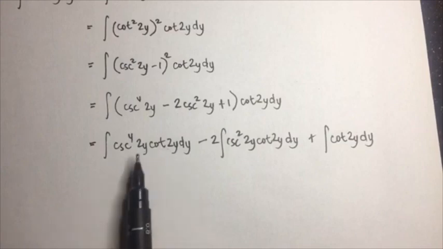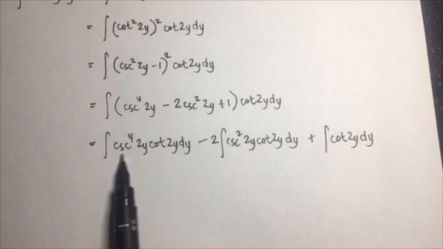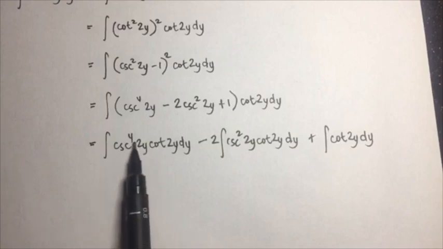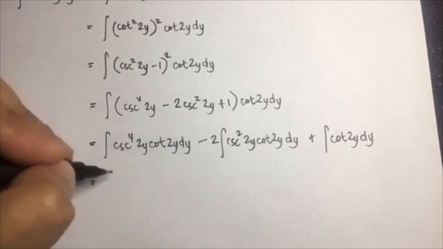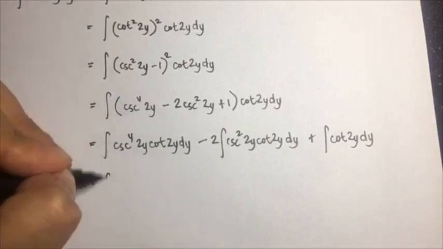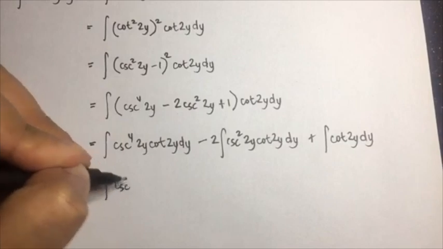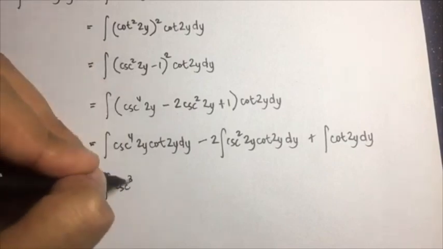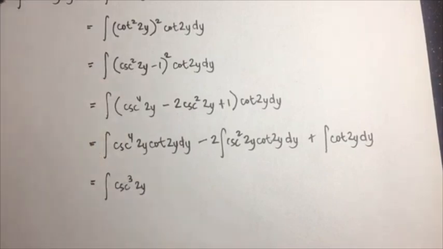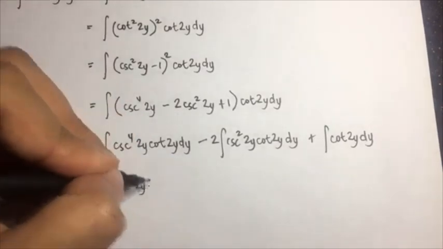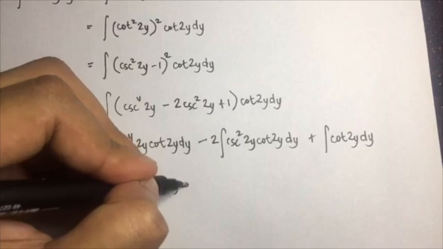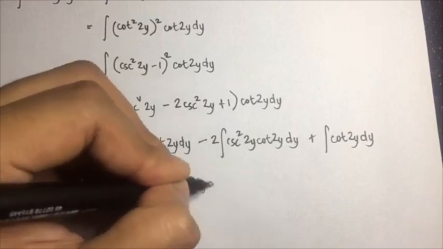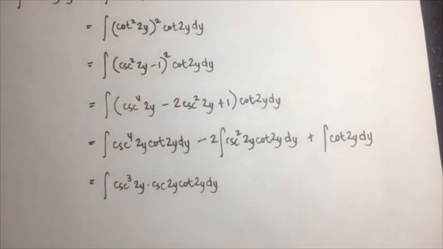So therefore, we must separate one cosecant 2y from cosecant to the fourth of 2y so that we can complete the differential. So this will become integral of cosecant cube of 2y times cosecant 2y cotangent 2y dy.